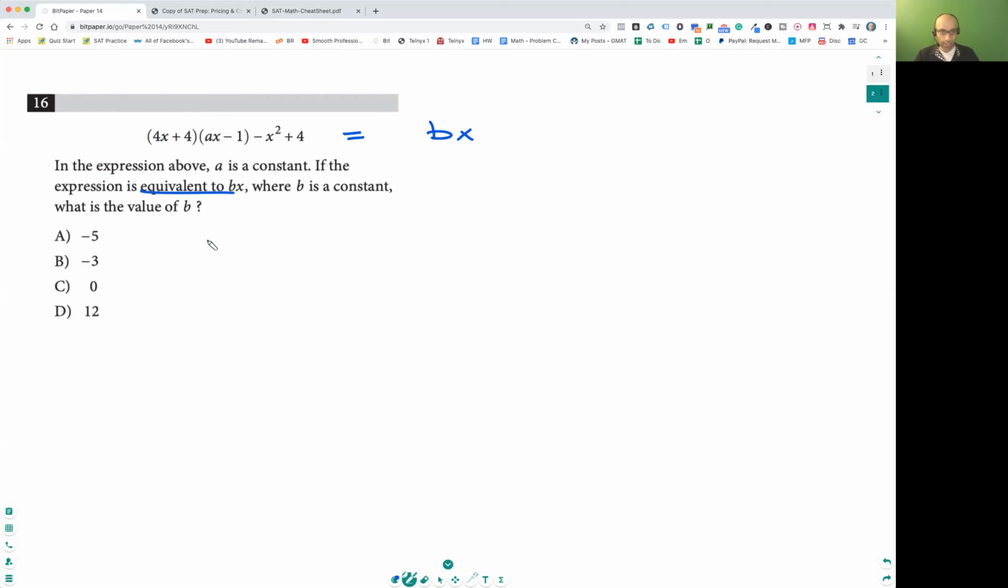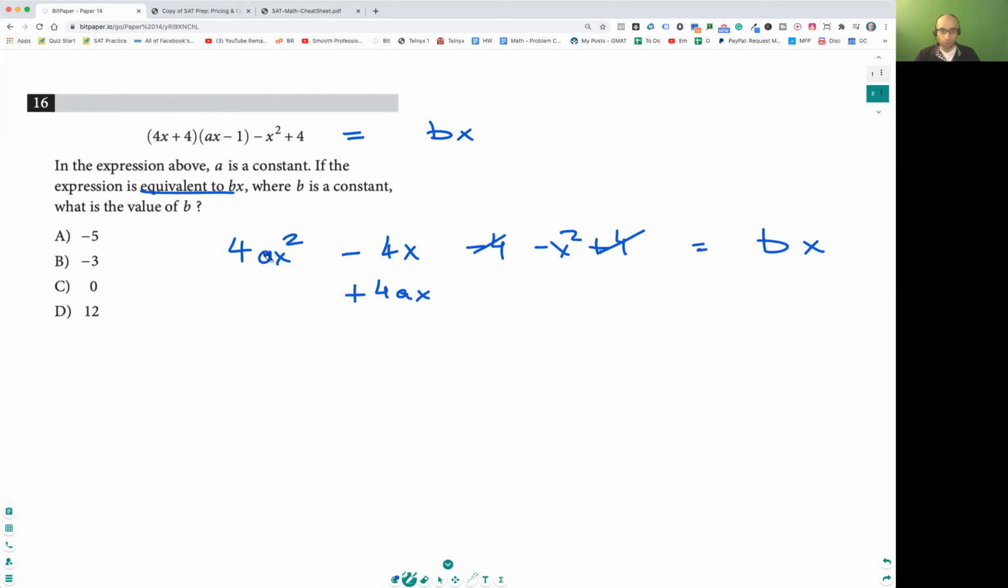So FOIL this, you get 4ax squared, right? Minus 4x, I'm just doing it my way, plus 4ax, and minus 4. And then I'm going to copy down this also, minus x squared plus 4 is equal to bx. Okay, now -4 and 4 cancel out.